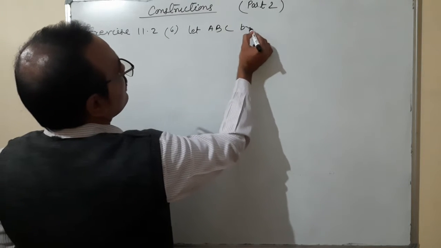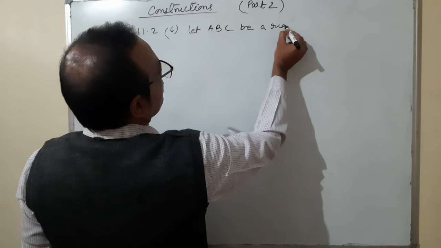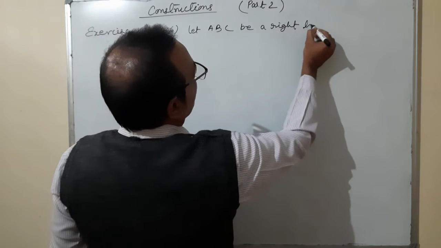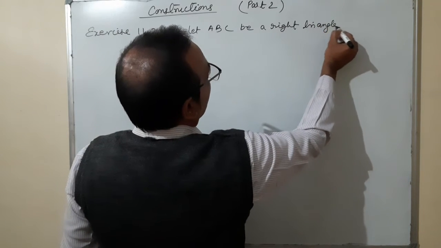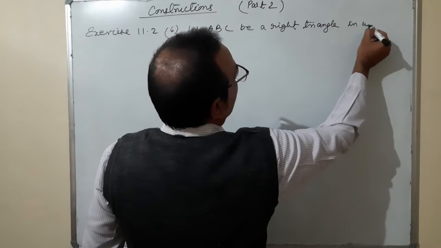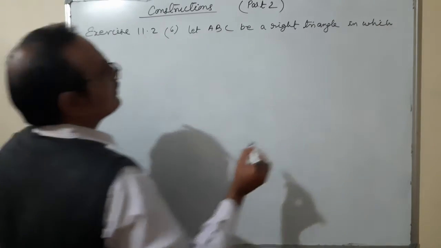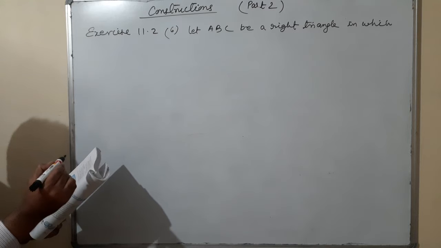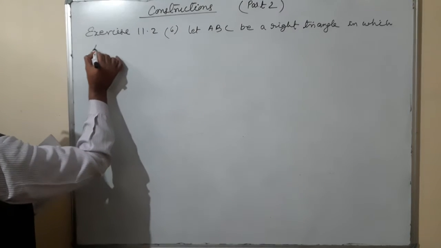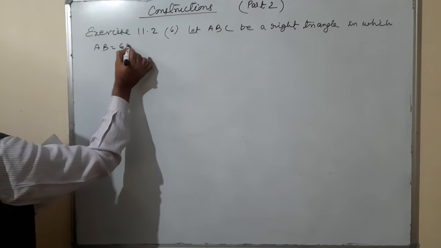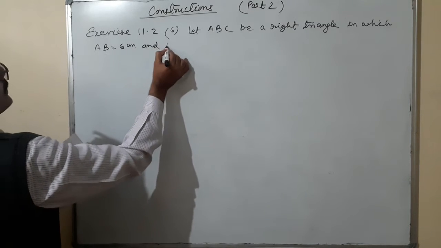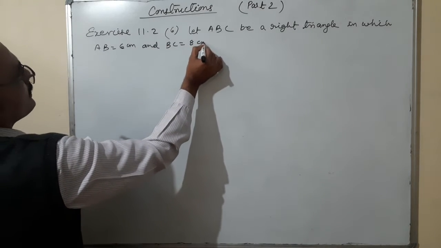Let ABC be a right triangle in which AB is equal to 6 centimeter and BC is equal to 8 centimeter.